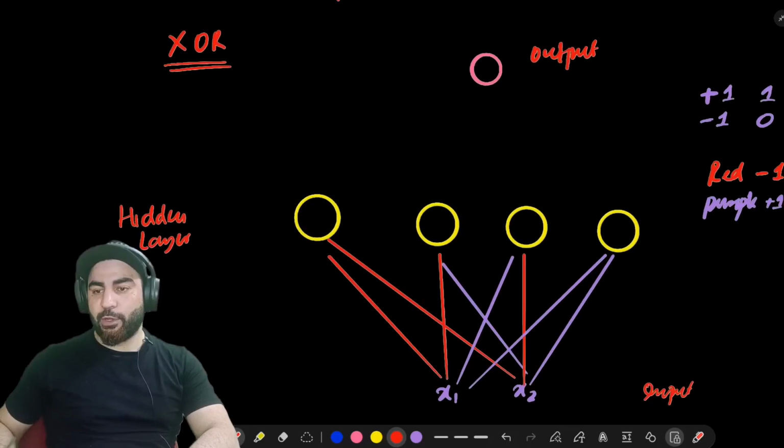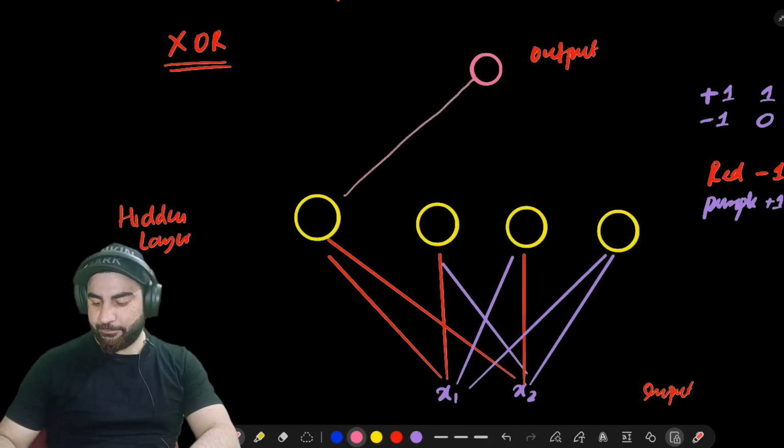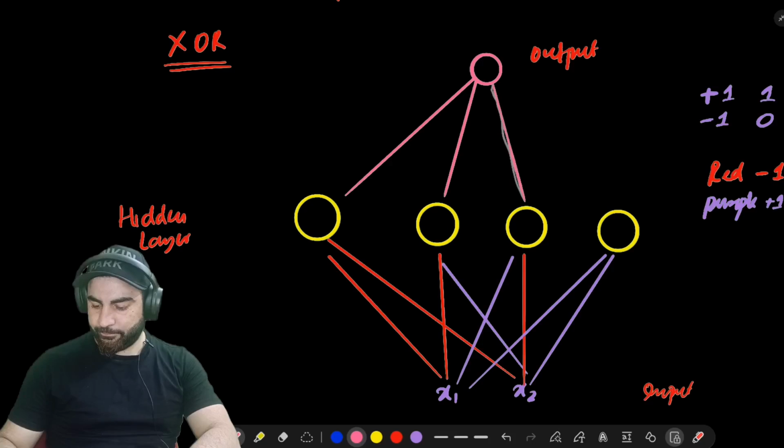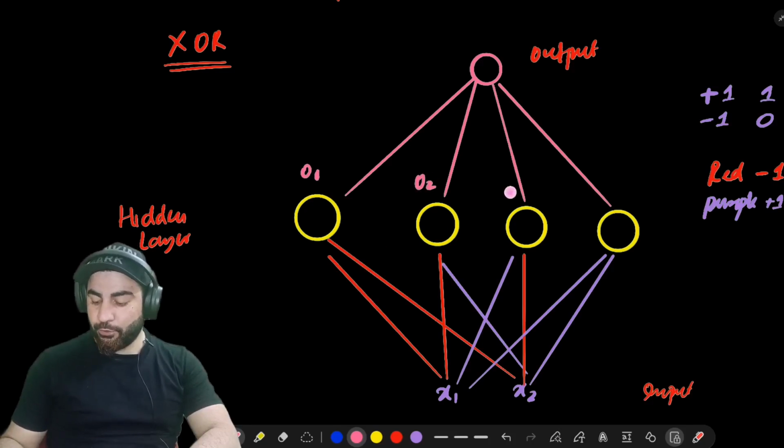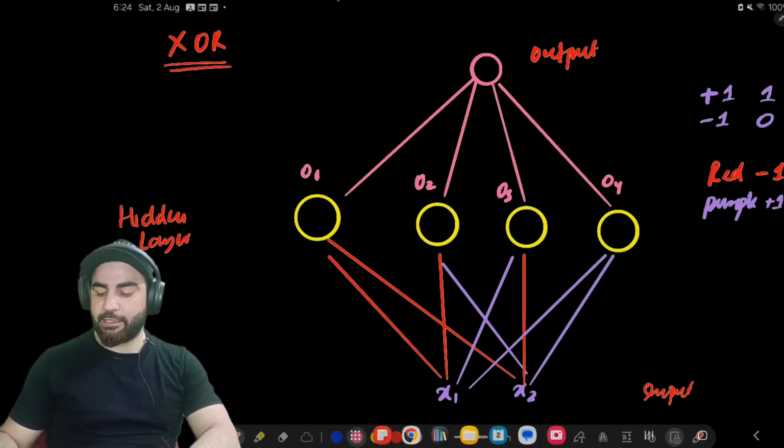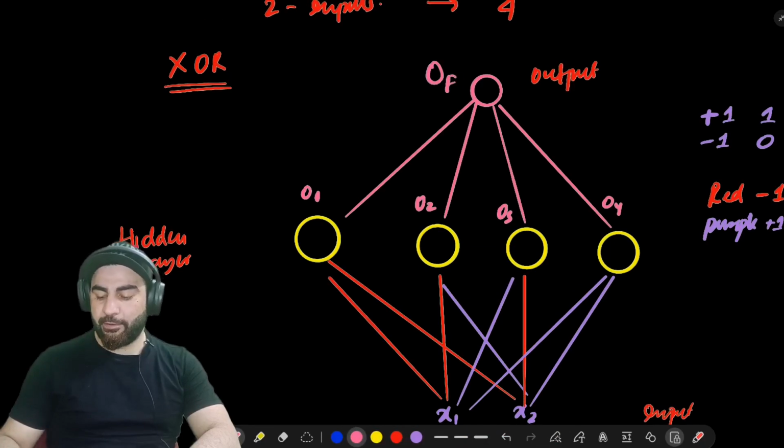Then I can now combine all of these. We have a function which will combine all of these. Now each of these outputs, I can write as O1, O2, O3, and O4, and this is the final output, O final.